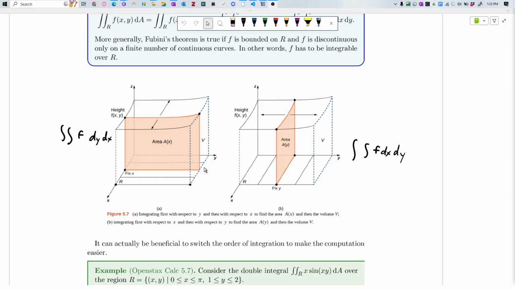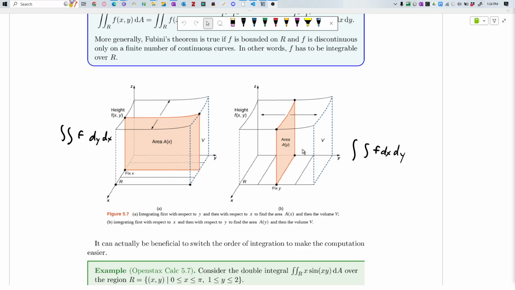You vary along y, and by computing the area with respect to y, you're integrating the function with respect to y as your inner operation. Then you sweep this plane over the interval for x, and that computes the volume. So the outermost thing is that you integrate with respect to x. That's what's happening in this picture.